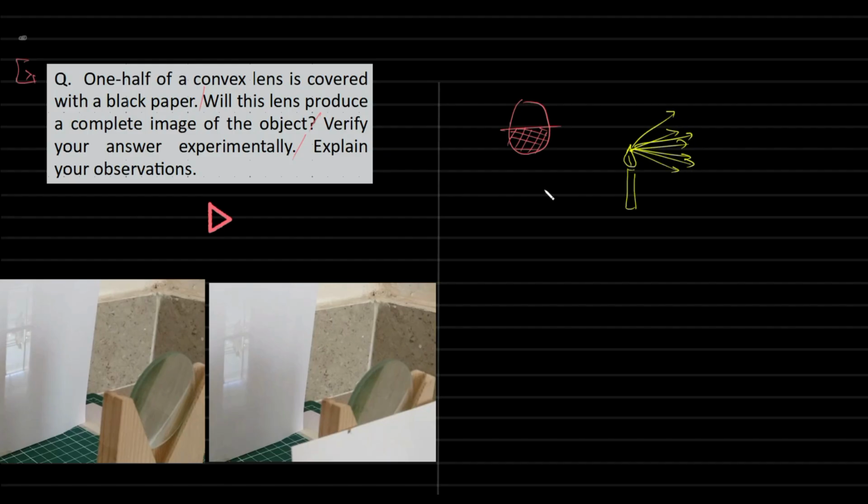And the ray diagram deals with picking two out of these infinitely possible rays. So we just pick two. Think about it. Do you guys think the entire image is formed?